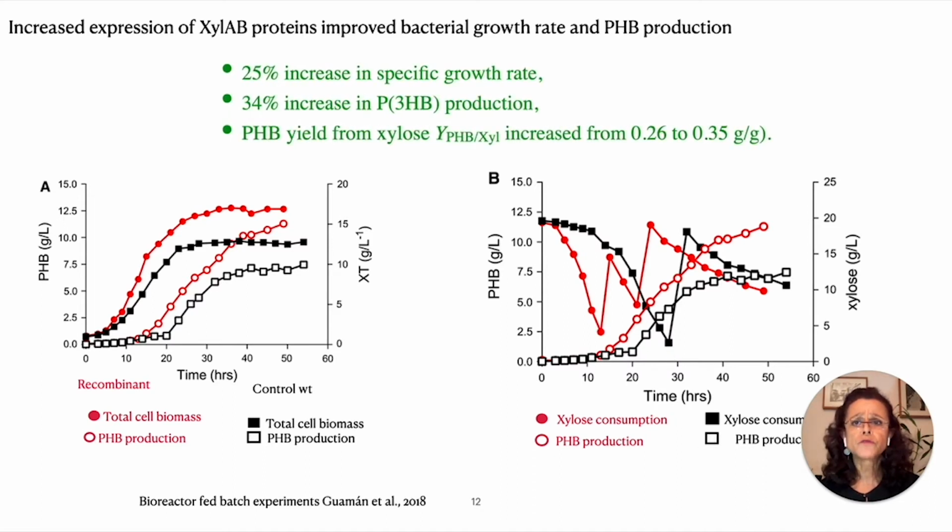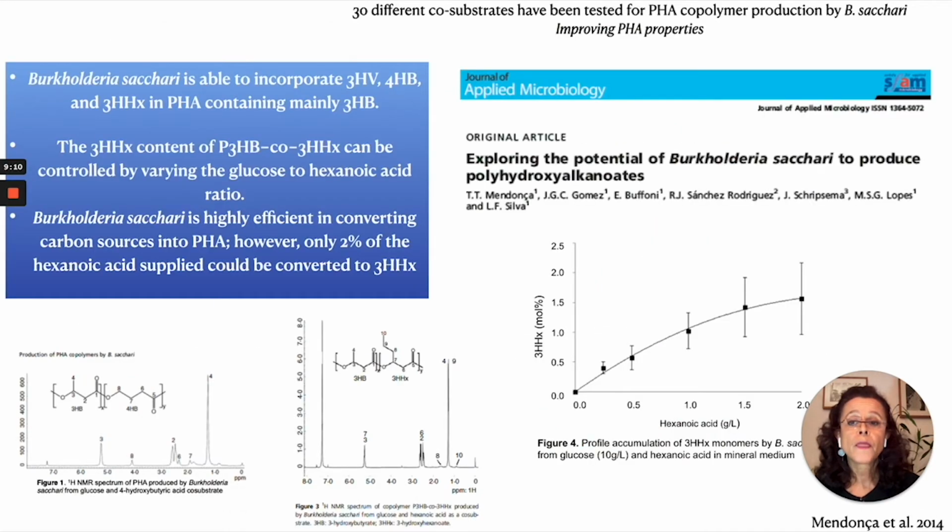Thus, 25% was increased in the specific growth rates, 34% was increased in the polymer production, and yield increased from 0.26 to 0.35 grams of polymer per gram of xylose supplied. Also, to modulate the composition to vary monomer properties, we tested 30 different co-substrates.